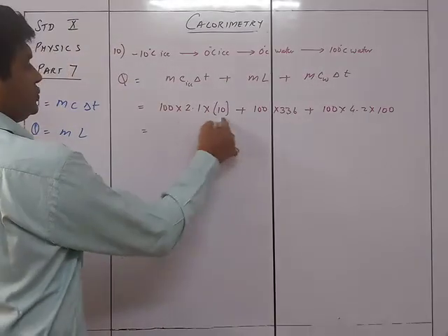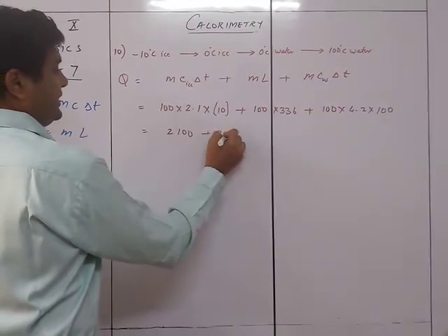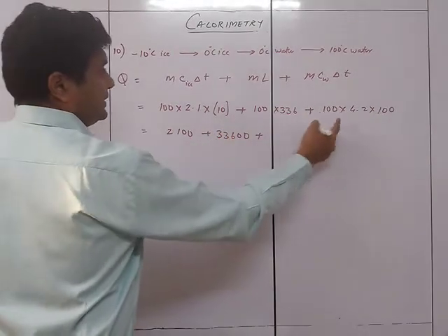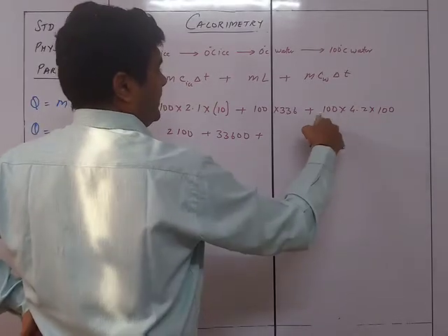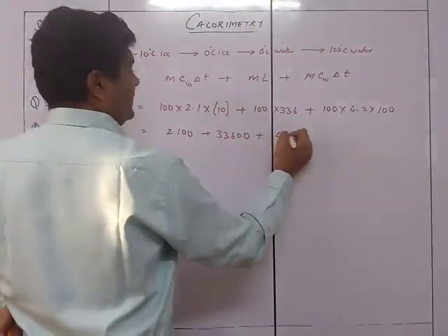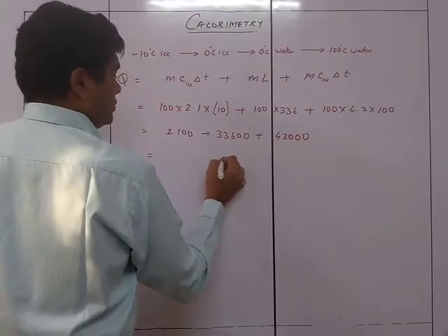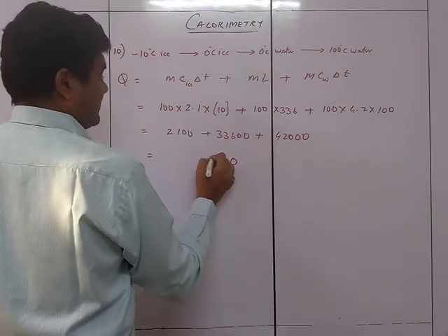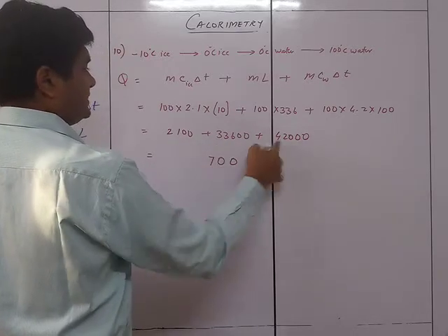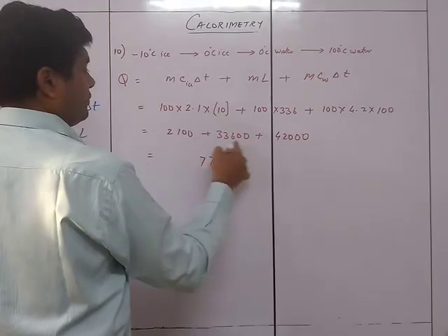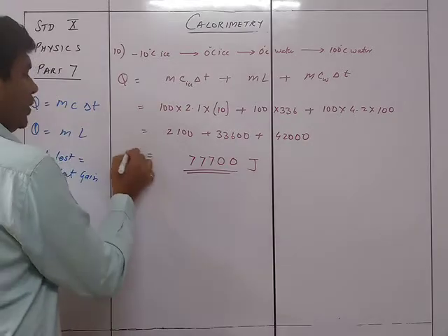So this gives us 21 into 100 which is 2100, plus 33600, plus 420 into 100, which is 42000. So the total is 77700 joule of heat energy.